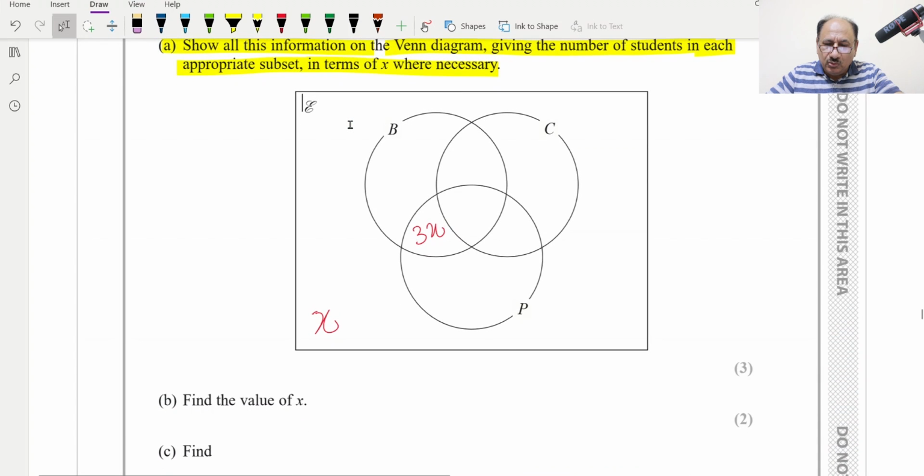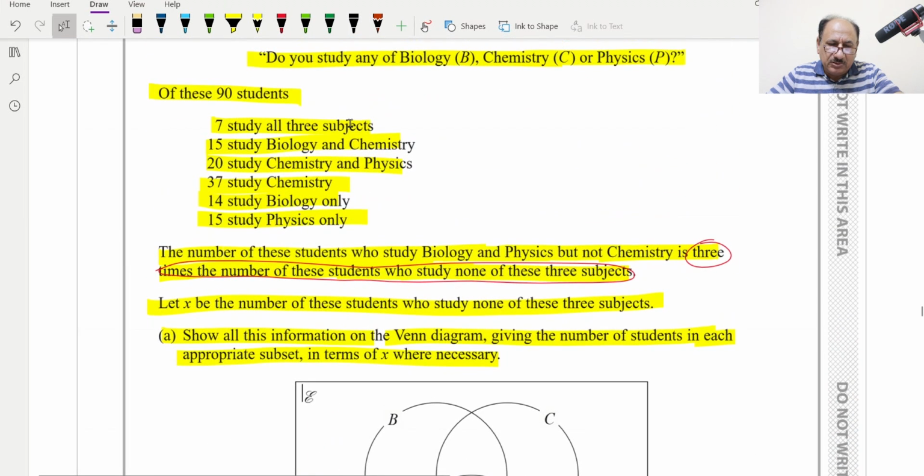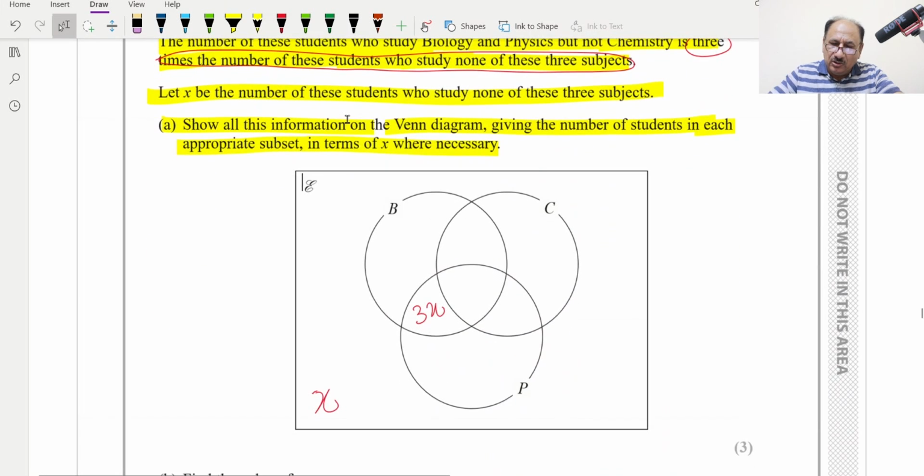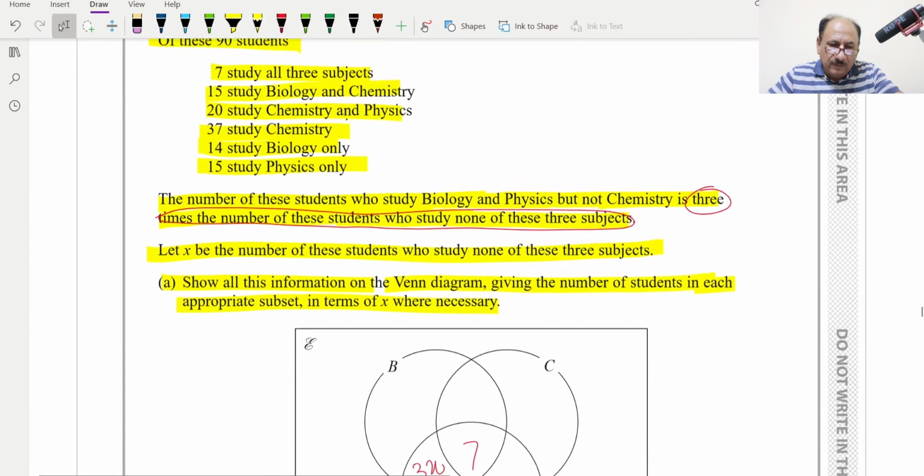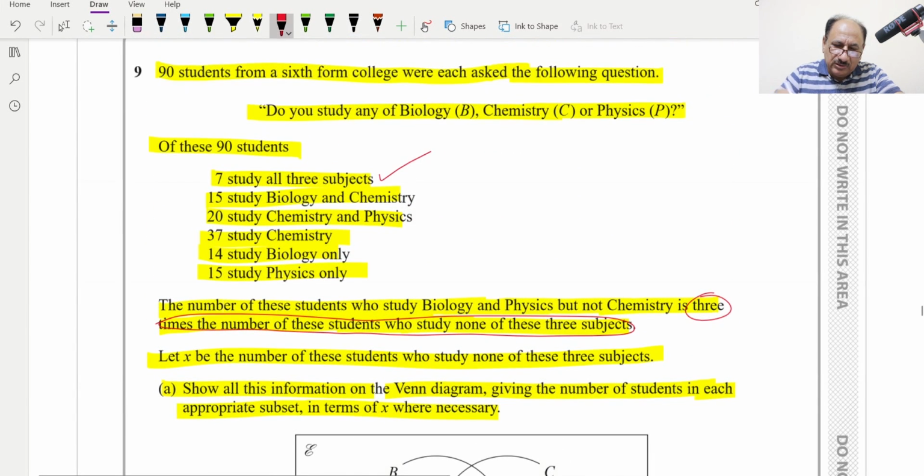So this first information, 7 study all 3 subjects, so 7 will be over here. Then this information is done. Then 15 study biology and chemistry.